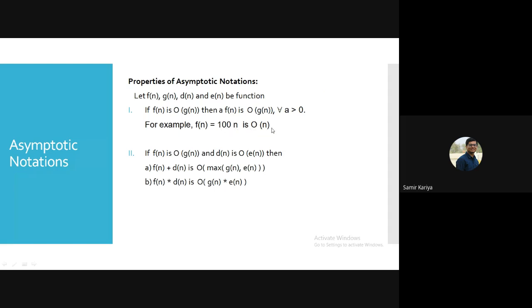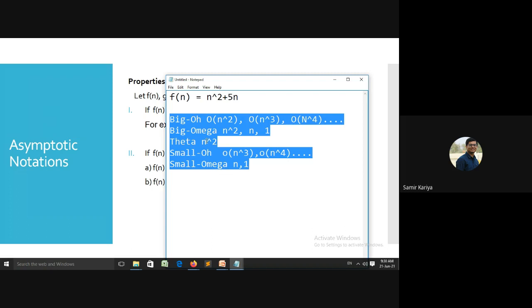We are just simply focusing the terms of small n. Second property, if f of n is order of g of n and d of n is order of e of n, then if f of n plus d of n, we are just simplifying the summation of these two, then we write the answer order of maximum of these two.